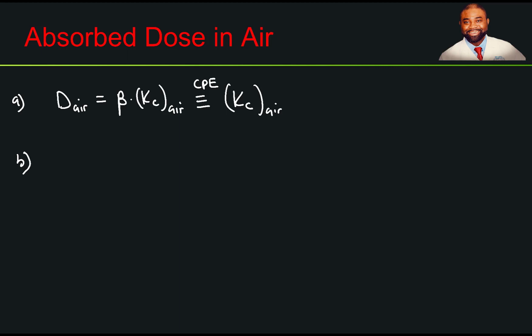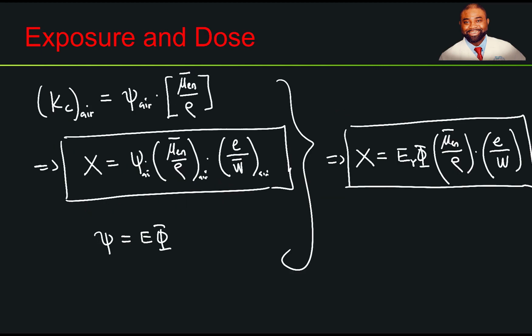B. There is an intrinsic relationship between the collision KERMA in air and exposure in air. If you recall what we did before, exposure is equal to the collision KERMA multiplied by the charge liberated per joule of energy deposited in air.